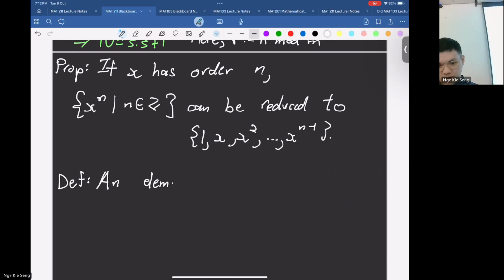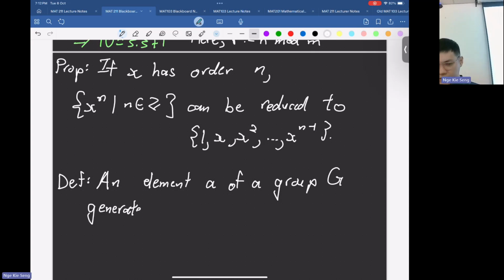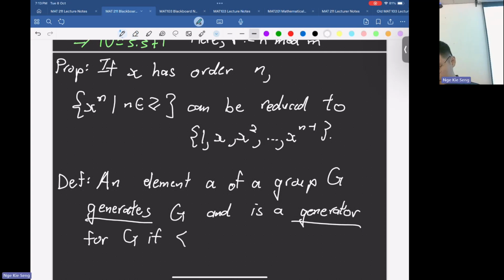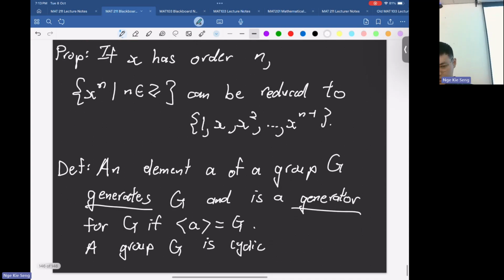An element a of a group G generates G and is a generator for G if the subgroup generated by this a is exactly equal to G. And in this case, we will call our group a cyclic group, because it is generated just by one element.